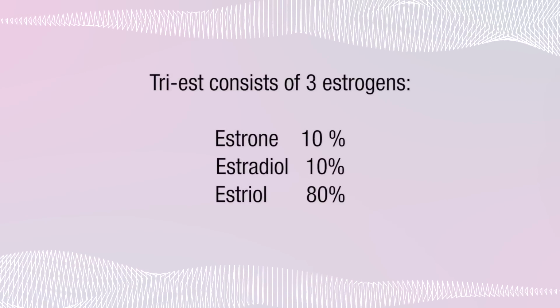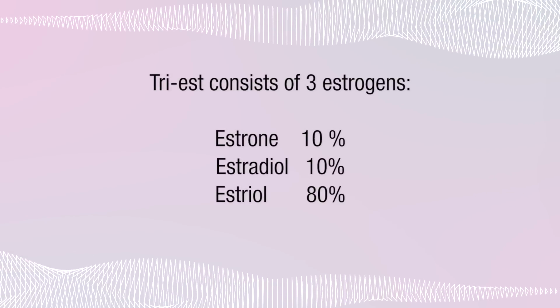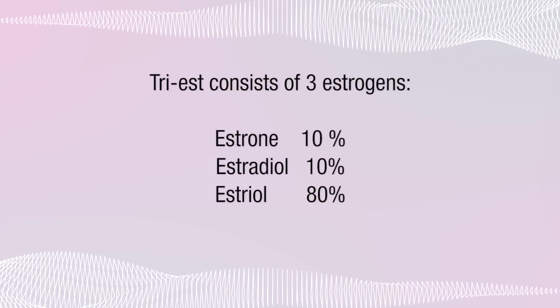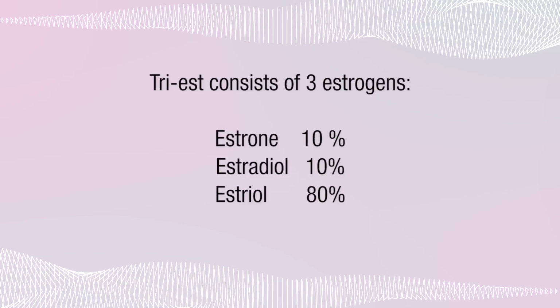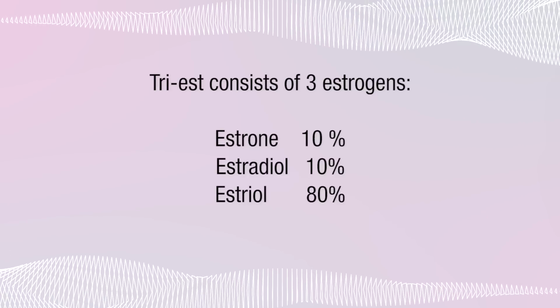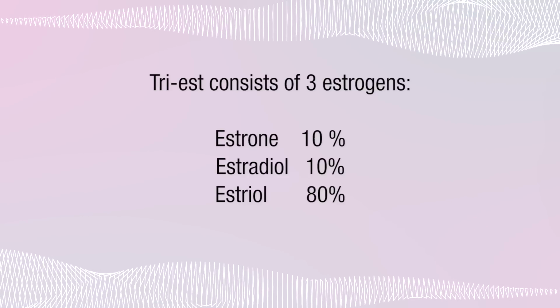Bioidentical estrogen preparations usually come in one of two formulations. They can actually come in any formulation. There's one called Tri-Est. So Tri-Est consists of 3 estrogens. It's estrone 10%, estradiol 10%, and estriol 80%.